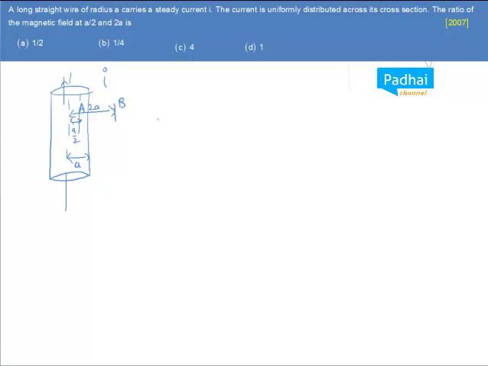Ampere's circuital law says mu naught into I enclosed is given by the integral of B dot dl. Now we create a hypothetical surface like this. How much current is there in it?